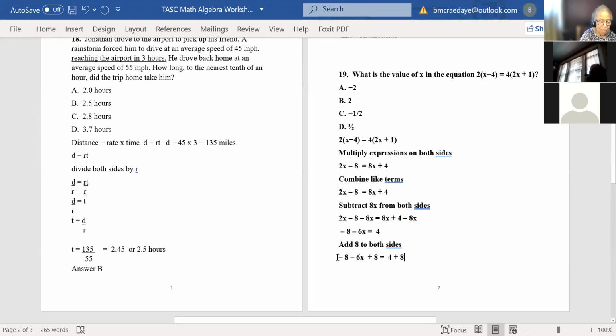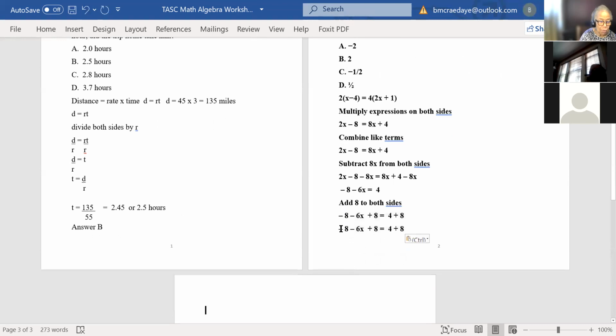So let me just copy this over and take the 8s out. Minus 8 plus 8 gives me 0. So I just have minus 6x left on the left side.